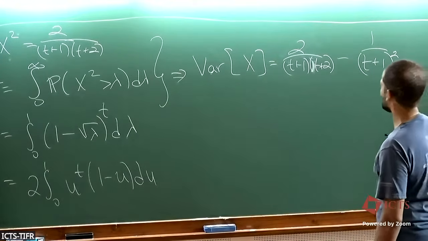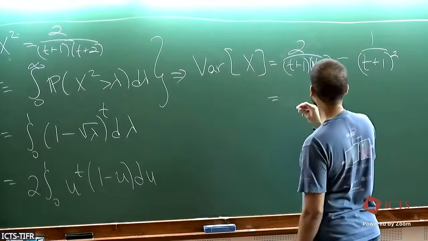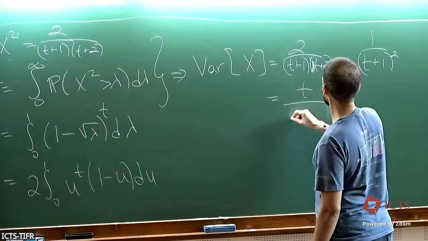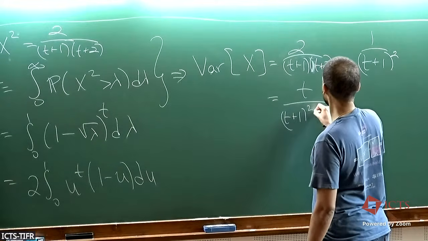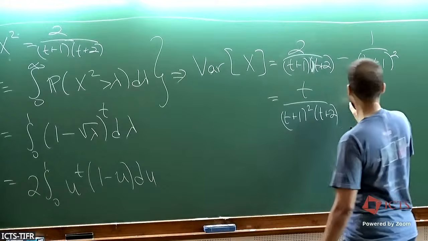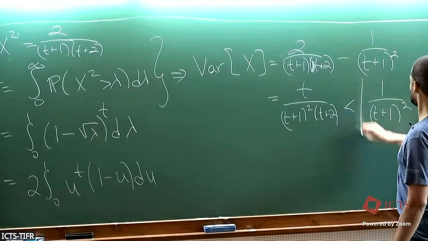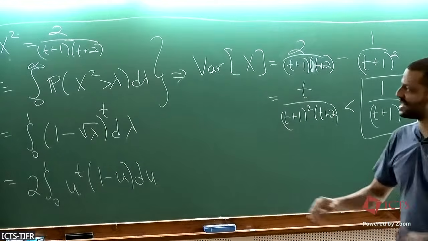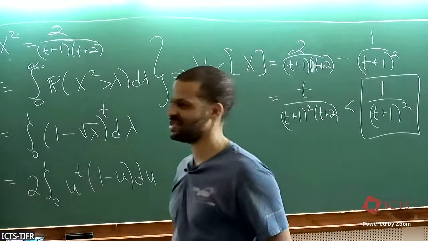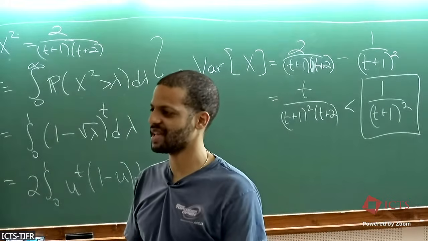If you calculate this, I think you get something like t over (t plus 1) squared (t plus 2), which is less than 1 over (t plus 1) squared. So the variance is roughly the square of the expectation, or less than the square of the expectation if you do the calculation.